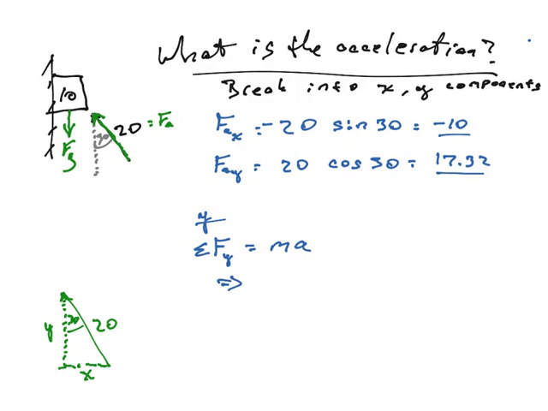All right, so what are all my y forces? Well, of course, I've got my applied force in the y direction is positive 17.32. I also have gravity pointing downwards, so minus gravity. And that's all the y forces in my problem. So set that equal to mass times acceleration.